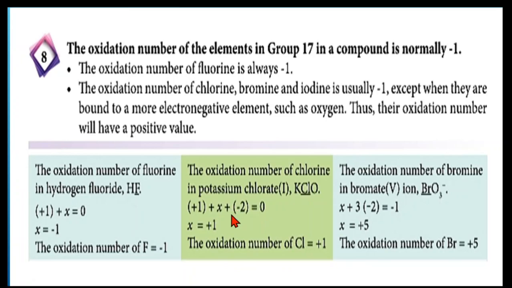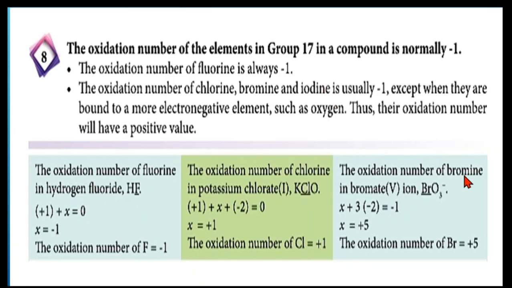So X, negative 1 pindah sebelah jadi positive 1. So nampak kan? Dia akan bertukar menjadi positive value. Sebab the chlorine bind to another element yang more electronegative. Oxygen is a more electronegative element. So dia punya oxidation number will change into positive instead of negative.